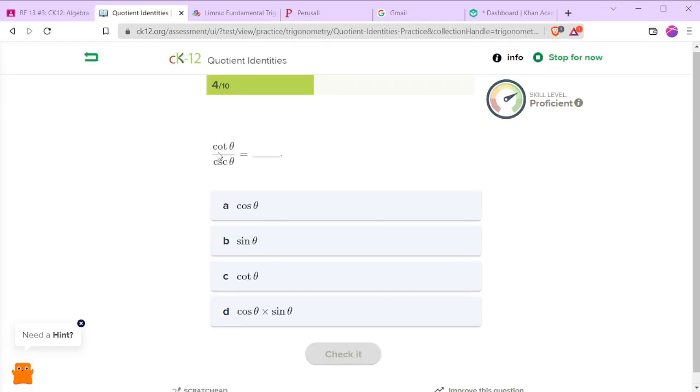Now, cotangent over cosecant is cos over sine divided by 1 over sine. So this simplifies to simply cos.